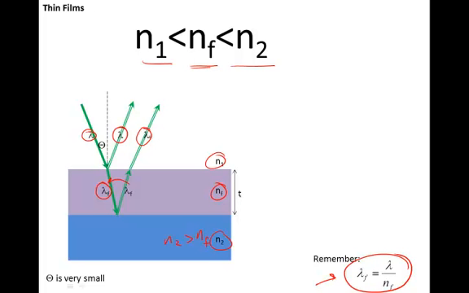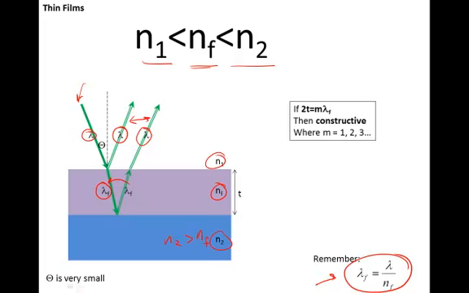Now, both of these wavelengths are out of phase compared to this wavelength, but compared to each other, they're in phase. So if we've got the distance 2t, remember this is 2t, and some m times lambda f, again remember this is how we calculate lambda f, then we get constructive interference when m is equal to 1, 2, 3, and so on.